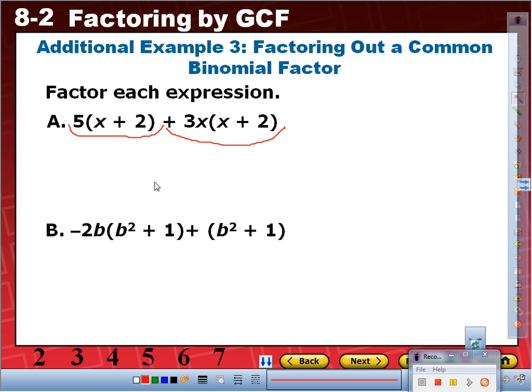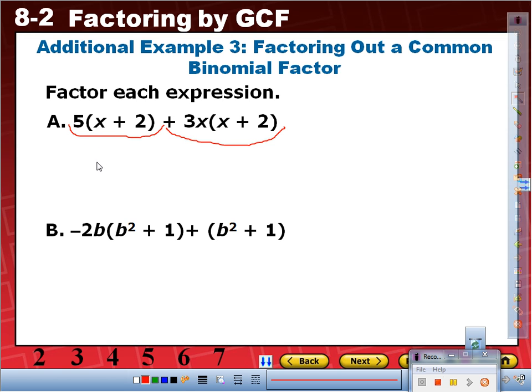All right, so now let's look at it. What is the same? Everybody look up, please. Here and here. Don't say it out loud. Just think about it. What does this term have that this term has? Did everybody see that it's the x plus 2? So that's my greatest common factor.